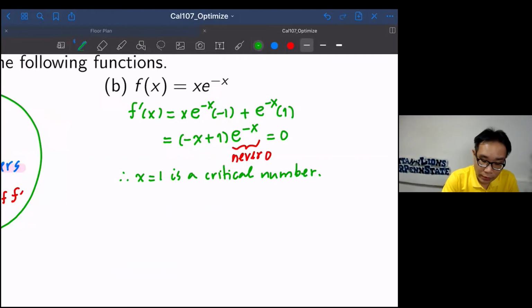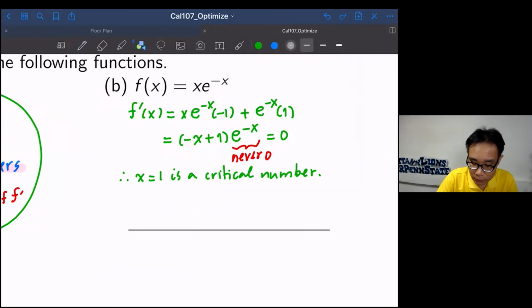And you're going to test for the sign as we did before. You just draw a line. You have 1 in the middle like this, and you write down the sign of f prime.